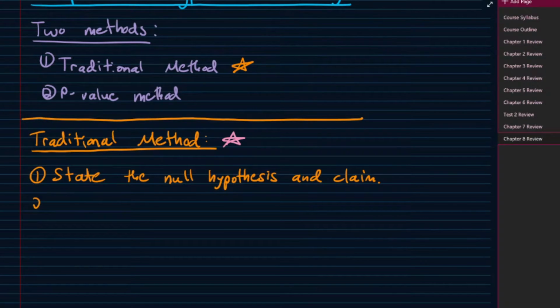And so number two is to find the critical value or values from the appropriate table.